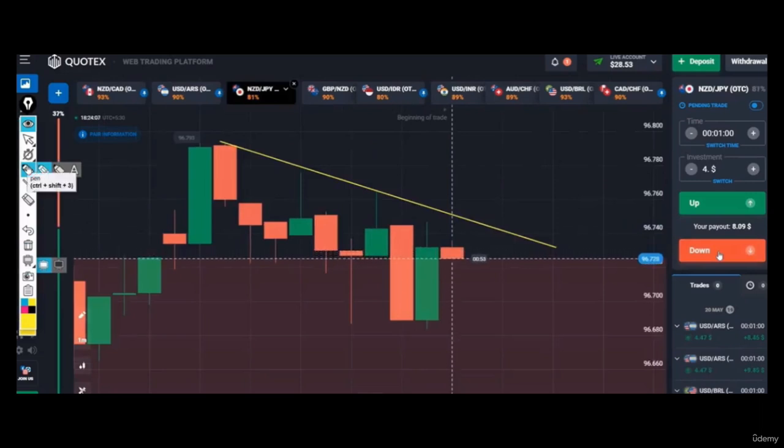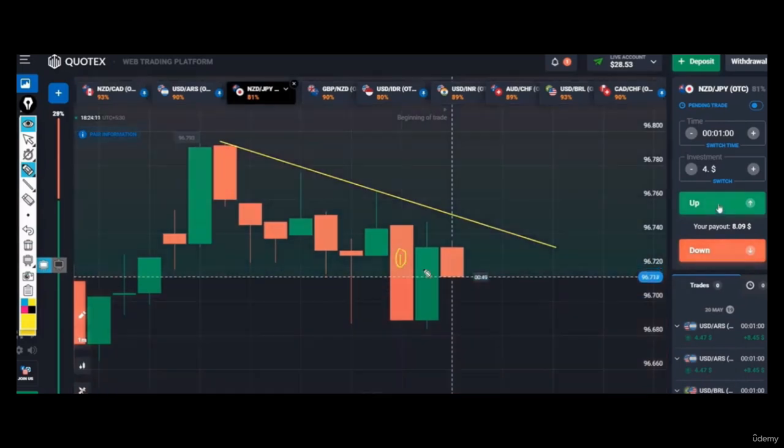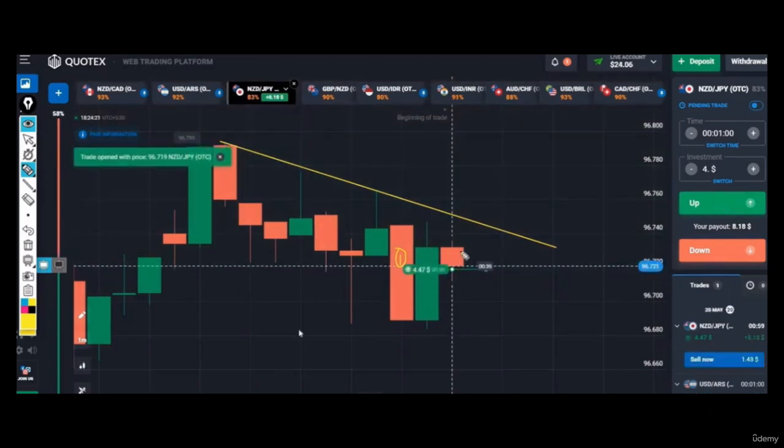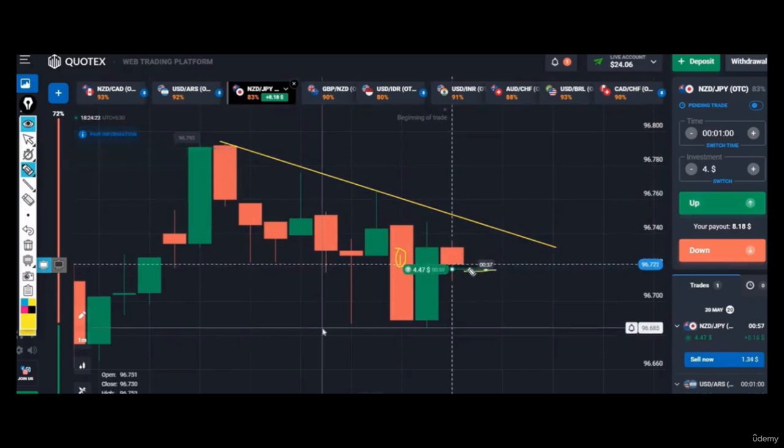You can see this is the first candle, and the second candle has completely engulfed beyond the 50% of the first candle. In this case, what I did is I entered here, right? This is the second candle, and this is the third candle. This third candle is going to completely engulf this first candle.